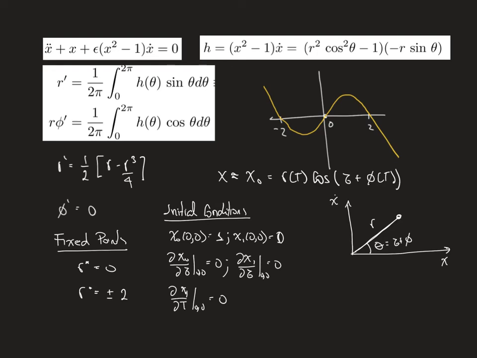So here we have that r is just the square root of x squared plus x dot squared, and that phi is nothing but minus arctangent of x dot over x.